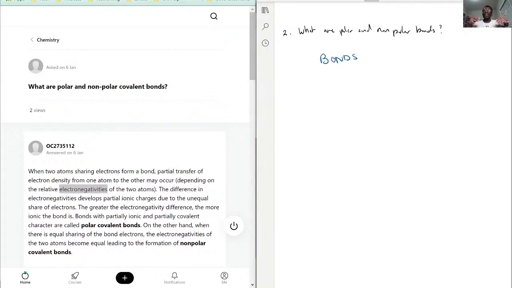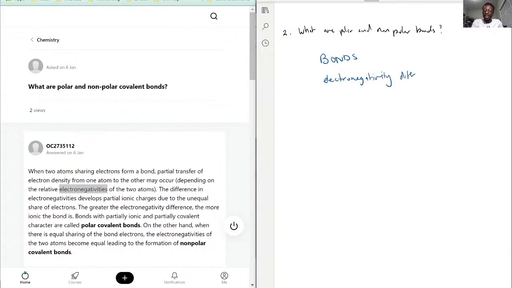Now, just to identify the bonds, that one is specifically about the electronegativities as I've highlighted, specifically the electronegativity difference.